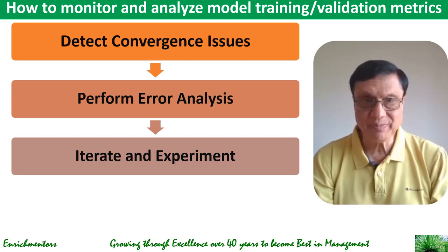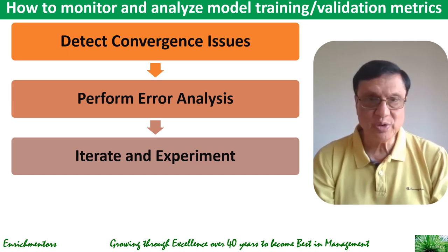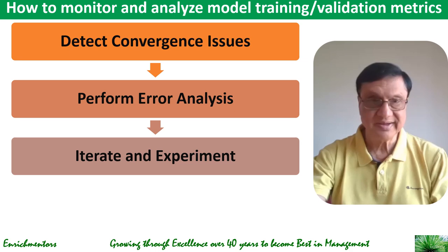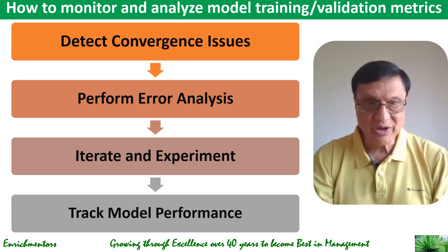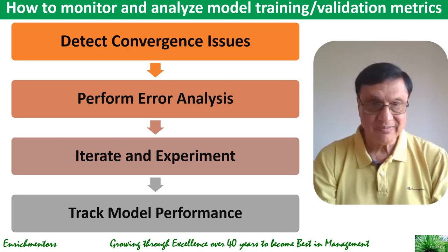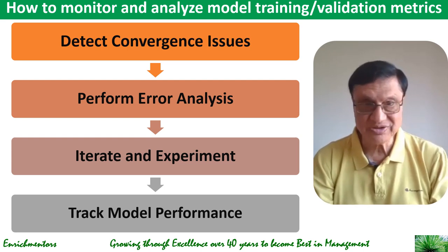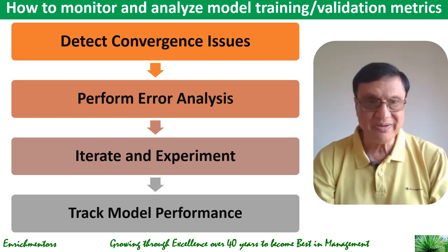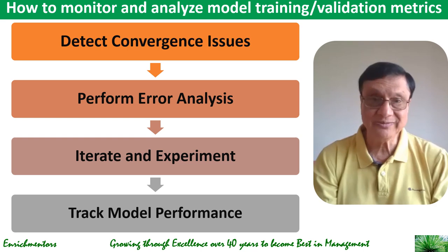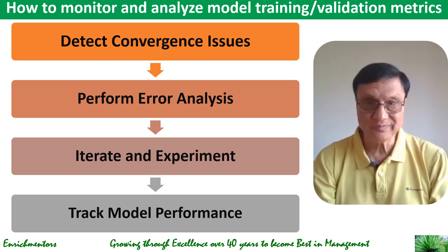Experiment with alternative approaches, algorithms, or hyperparameter configurations to explore different solutions and find the best performing model. Keep track of the performance of different model iterations and experiments to monitor progress over a period of time. Maintain a record of hyperparameters, training and validation metrics, and any adjustments made during the model development process until the time you find the optimal value.